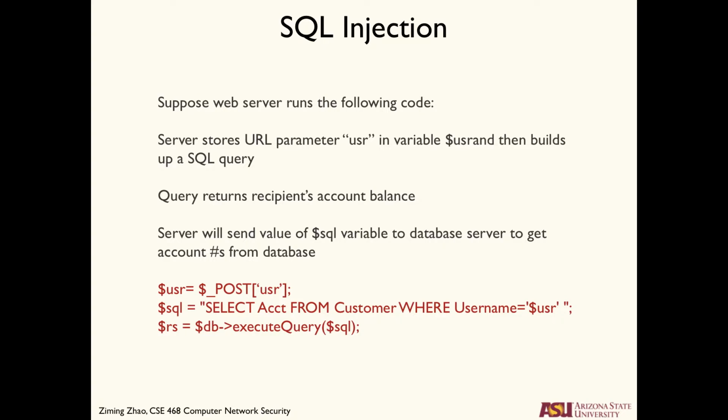Then it will construct a SQL query based on this user: select account from the customer table where username is the username you sent. Then it will execute this SQL query.